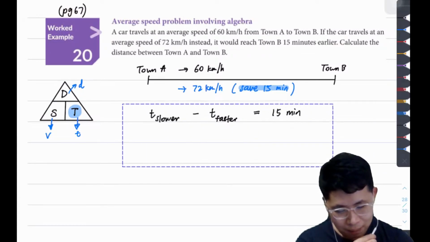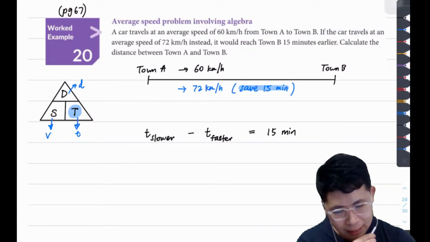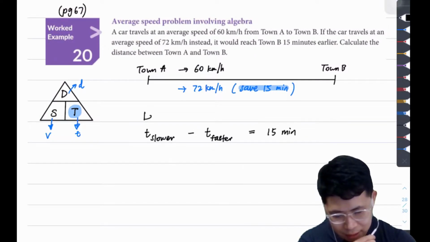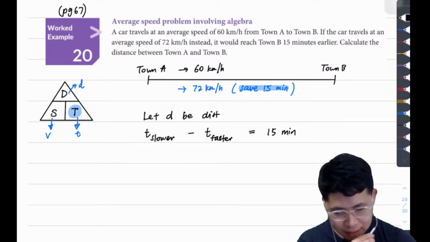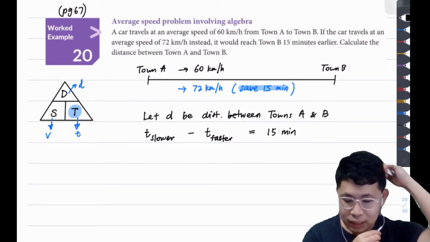Over here, let d be the distance between towns A and B, since we are looking for the distance.